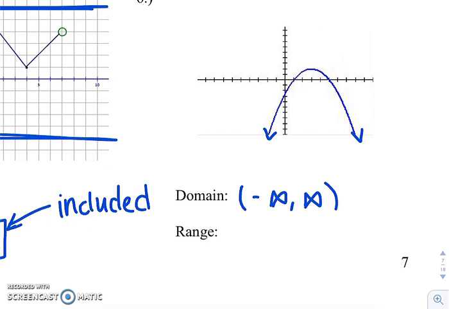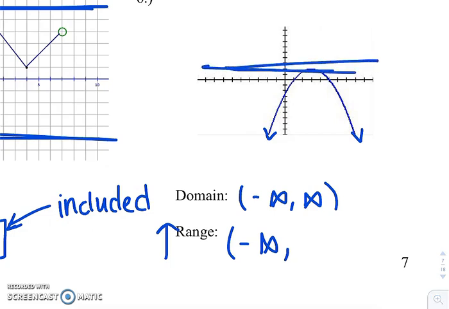Now for the range, remember the range is from bottom to top. So if it's coming from negative infinity, like if it's going down forever, the graph is coming from negative infinity, but it's stopping right there. What is that y value where it's stopping? The highest point this function reaches is +2.